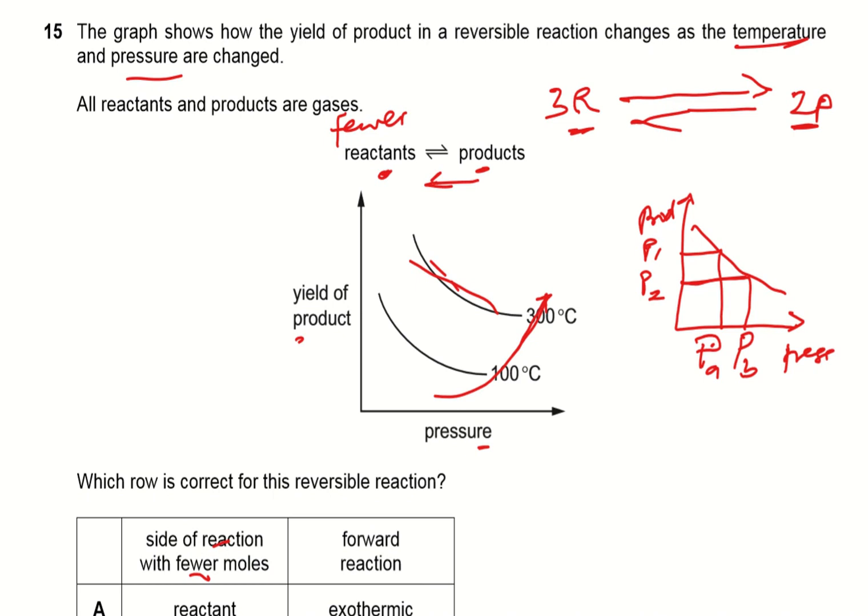If the reaction is exothermic, the forward reaction will be favored by reducing what? Temperature. But if you look at this particular reaction, an increase in temperature favors the formation of the product. That means an increase in temperature favors the forward reaction.